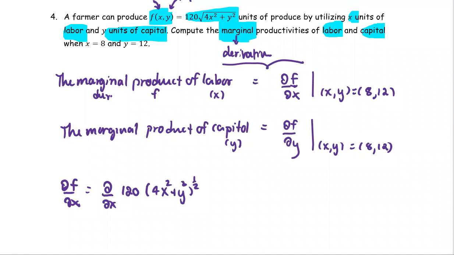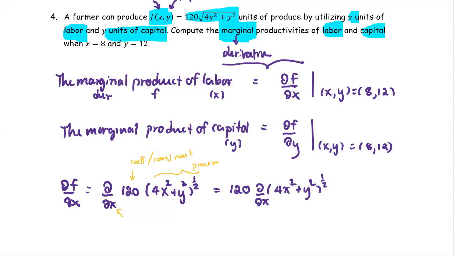And the 120 is the constant multiple, or the coefficient, and this one is in power form. Our goal is working on the partial derivative with respect to x, so I'm going to take 120 out of the way and then work on the partial derivative of the quantity 4x squared plus y squared to the power 1/2.